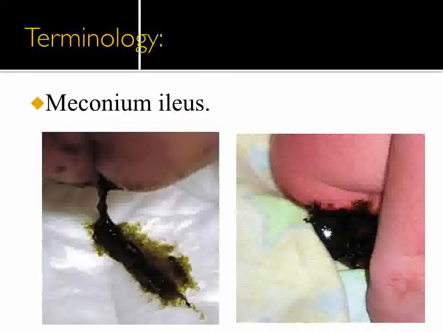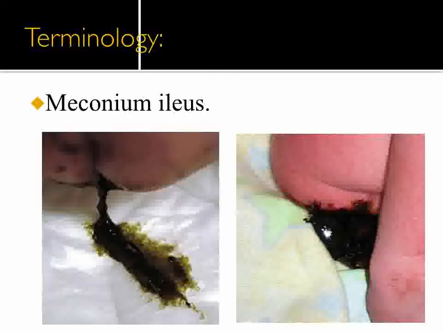Sometimes, in some conditions like meconium ileus, this meconium becomes very thick, viscid and tenacious due to loss of pancreatic enzymes. In a condition called cystic fibrosis, loss of pancreatic enzymes results in failure of degradation of the protein content in the meconium.